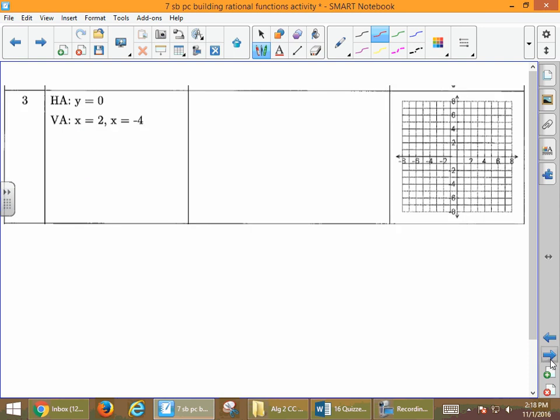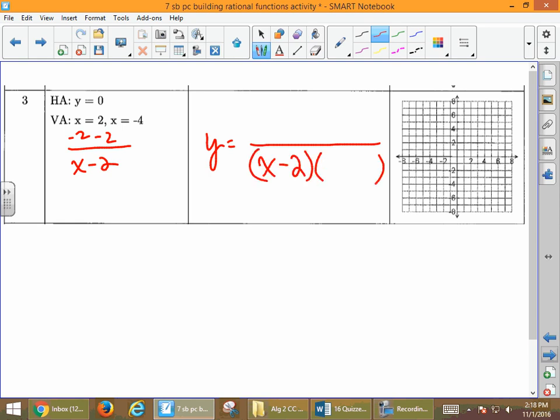So if we look at 3, following along the same lines, start with the vertical asymptote. This time we have 2 of them, but the process is still the same. We can subtract 2 from both sides, and we get x minus 2 as one of our values down here in the denominator.